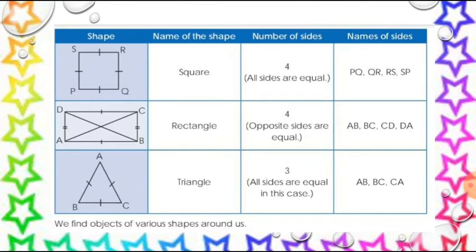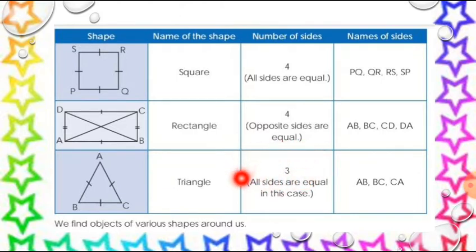Now children, look at this. This is a triangle and in this triangle all the sides have one stroke, which shows all the sides are equal in length. So we can write the name of the shape first, that is triangle, and the number of sides, how many? Yes, 3 sides are here in a triangle.